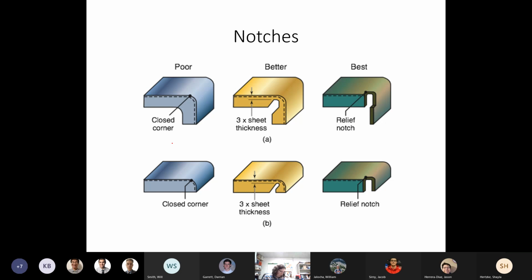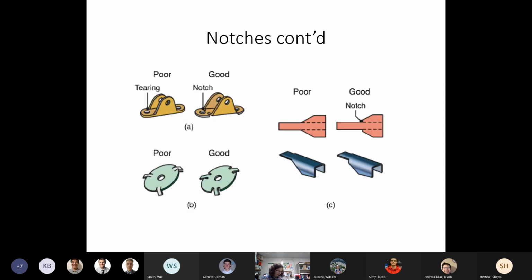So when you bend and you have a closed corner, you can actually get some stresses. What we find is that if we remove some material and put in a full notch, we're able to make this bend without as much buckling or tearing. So relief notches are always good.